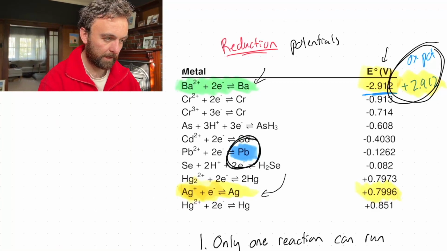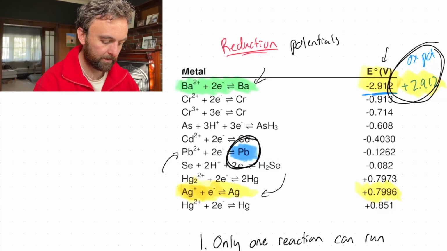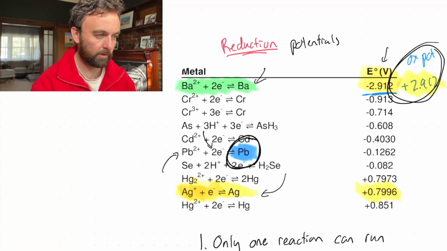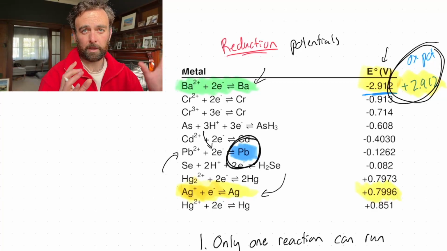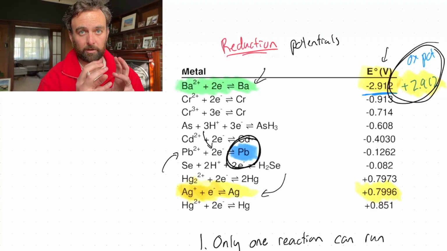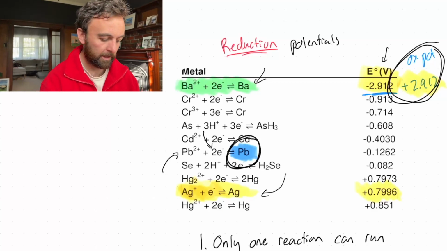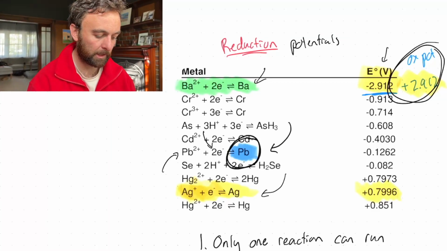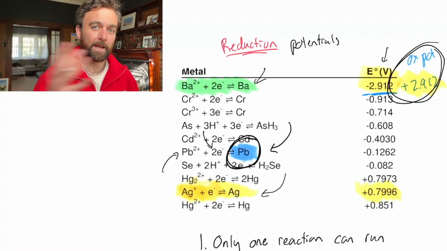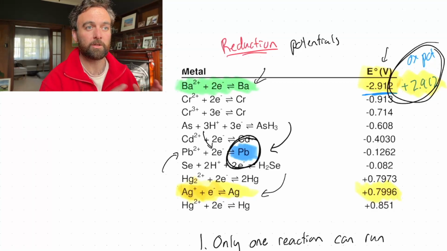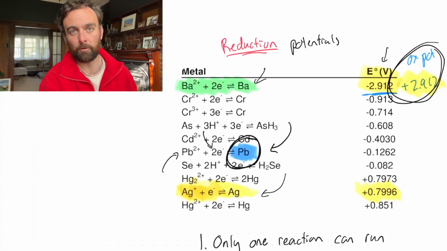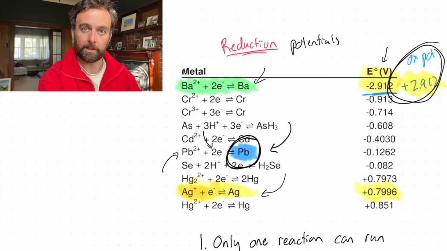If we look at the left-hand side, we've got Pb2+ plus 2 electrons. So that Pb2+ takes on those electrons, so it's gaining the electrons, therefore it's being reduced. And this here on the right, the Pb with no charge, has gained those electrons, it's been reduced, it's already in its reduced form. So you can't reduce it anymore. It can only be oxidized.